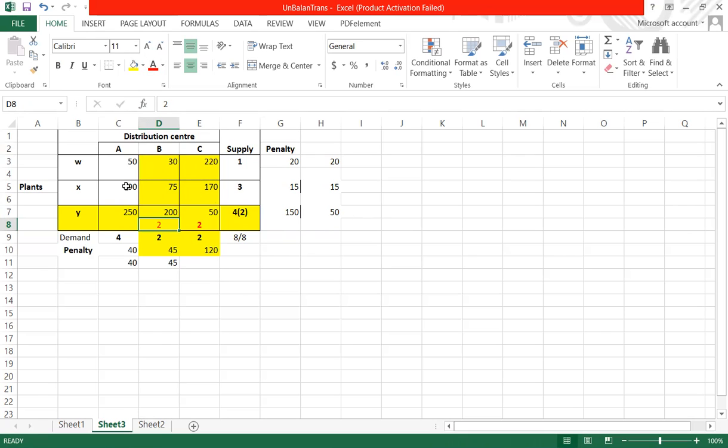Now only 2 cells are left. Only 1 column is left. 2 cells of 1 column are left. So we will see the demand and supply and complete the allocation. So one unit will be supplied here and 3 units will be supplied here. So as you can see here, now I will just remove the yellow color.